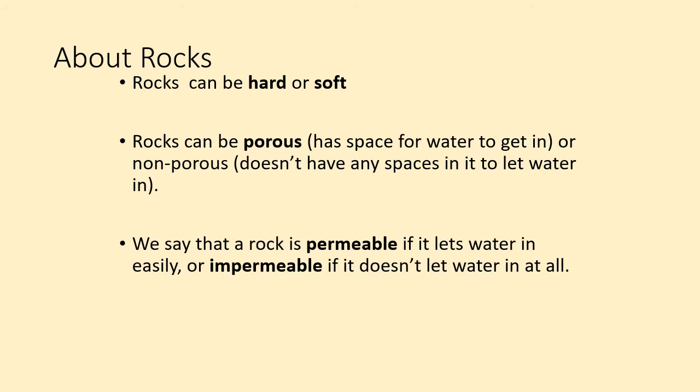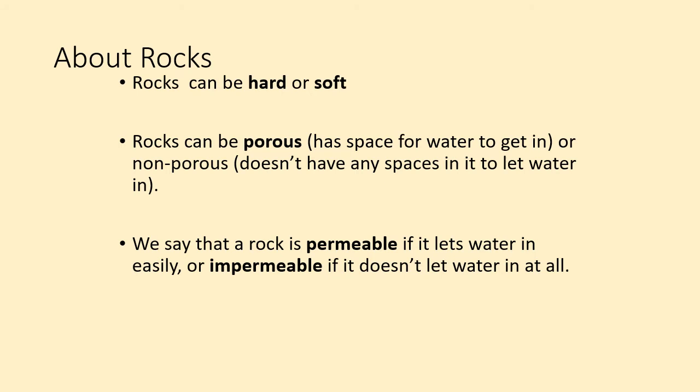We've already talked about how igneous and metamorphic rocks are hard. That means that if you try and scratch them with a nail, you won't break the rock apart at all, and you'll only maybe leave a small mark on it. Soft rocks, like sedimentary rocks, if you scratch them with a nail, you'll easily make a mark, and you might even break the rock just using the nail.